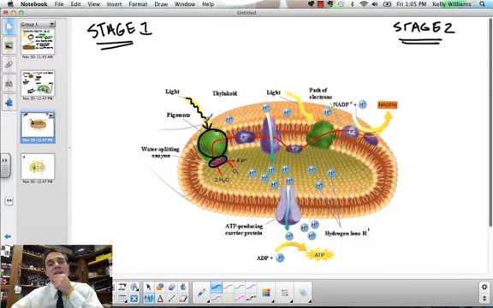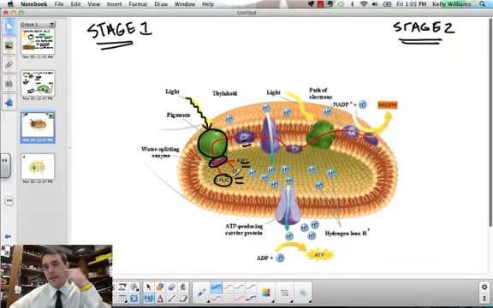Light energy, stage 1, light absorption. Light energy strikes this pigment and starts to warm it up. Before you know it, it is attached to this water-splitting enzyme, and bam! An enzymatic reaction is triggered, and water, H2O, is split into oxygen gas, hydrogen ions, and free-flowing electrons.